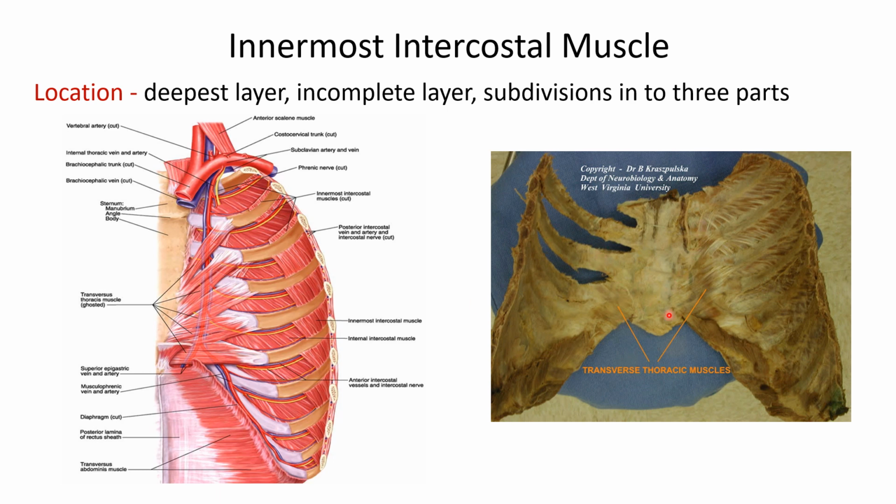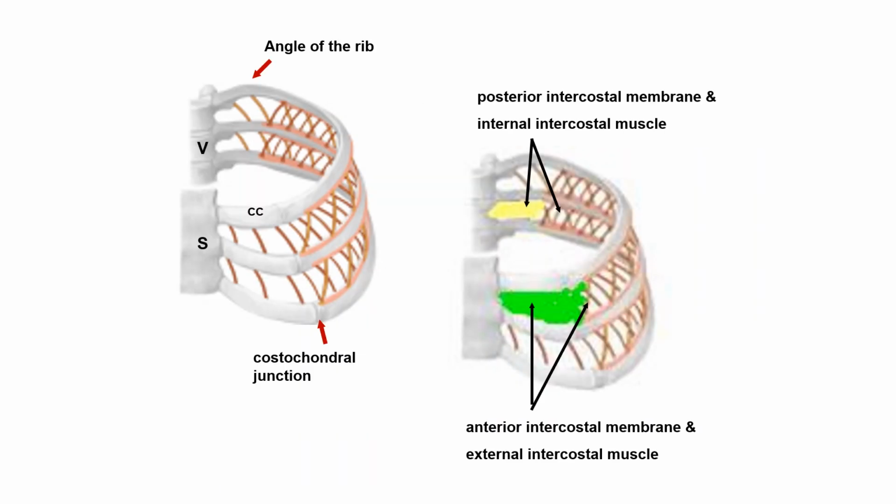So this is the transversus thoracis muscle which you are seeing in this dissection, and you can identify the other muscles, the internal intercostal and innermost intercostal muscles. And this picture is shown to understand what is the angle of the rib and what is the costochondral junction, which you should remember in relation with the extent of the external and internal intercostal muscles.